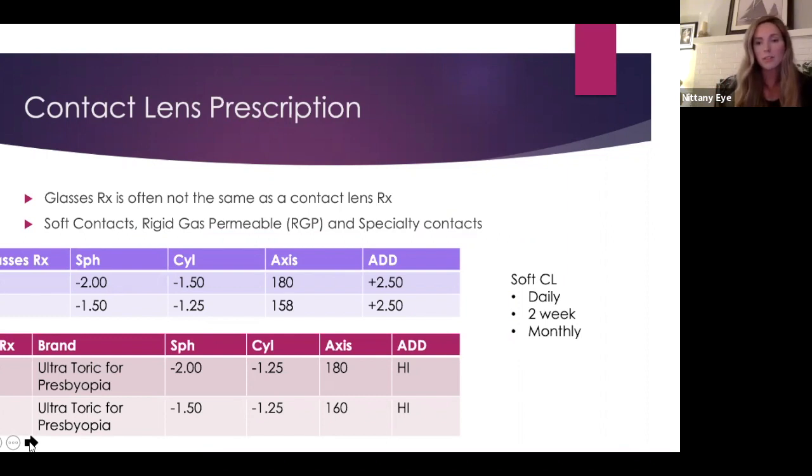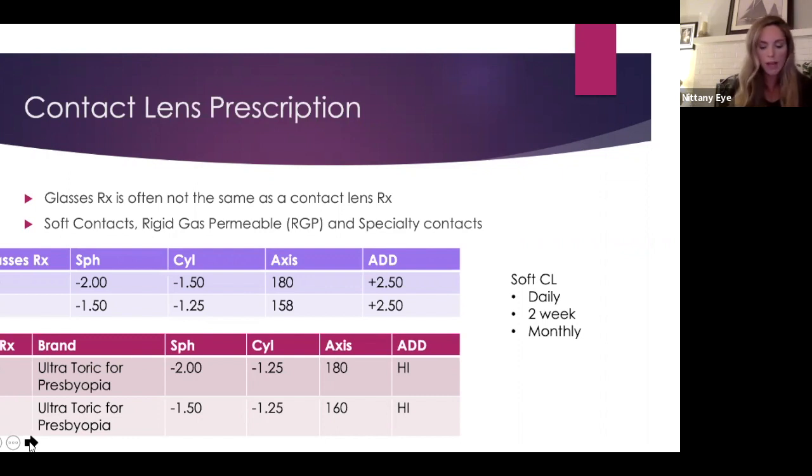So we call this distance difference the vertex distance. So the stronger your prescription, the more we have to account for this change between the two. So someone who's a -6 might need a lesser prescription in contact lenses to account for that change.